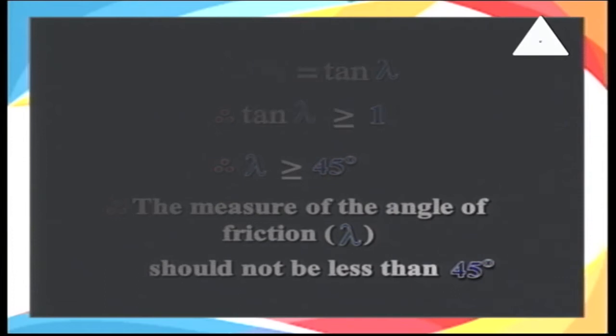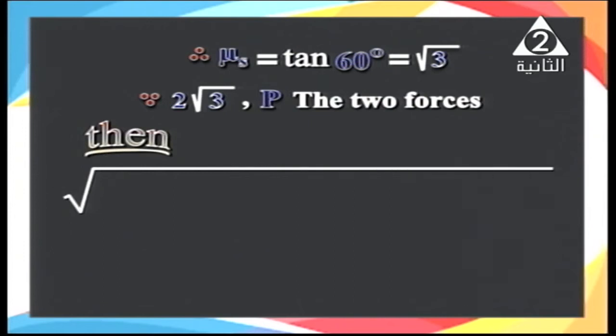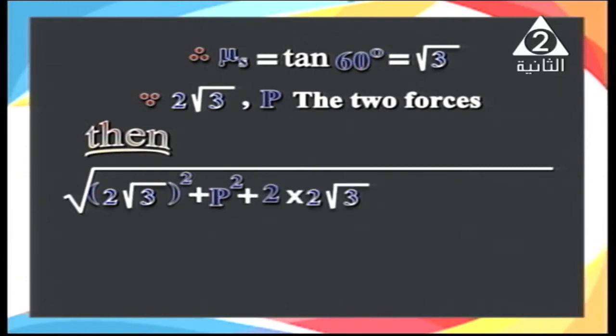We move to the other part. Mu s equals tan 60. If lambda equals 60 degrees, mu s equals tan 60 equals root 3. Then 2 root 3 and b are the two forces. By using the rule, the square root of 2 root 3 squared plus b squared plus 2 times 2 root 3 times b times cosine 150 equals what?